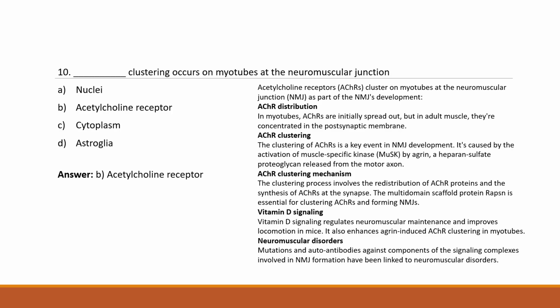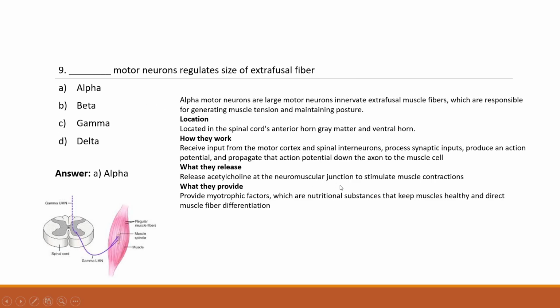So these acetylcholine receptors will cluster at your myotubes at the neuromuscular junction. Like we spoke previously, there will be release of your acetylcholine at your neuromuscular junction. So after release, how will the acetylcholine continue sending the signal, or downstream, how will it tell your muscle to contract?